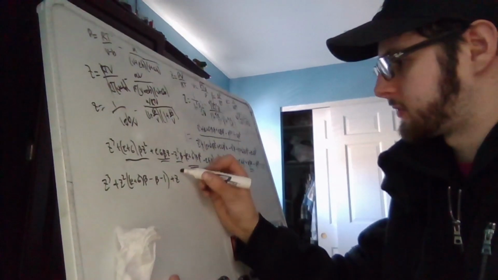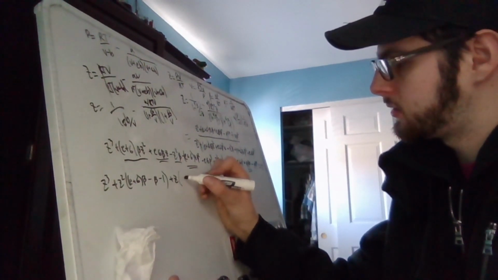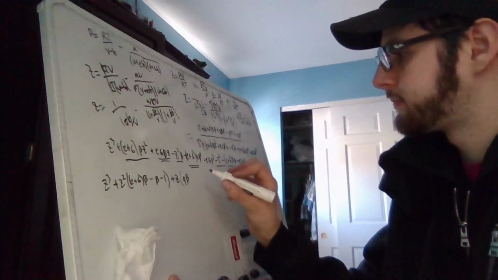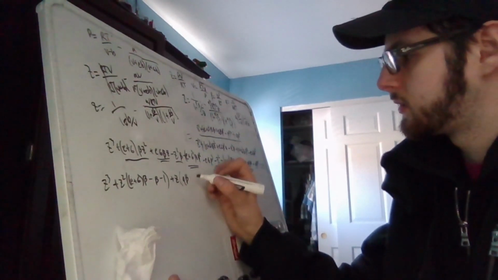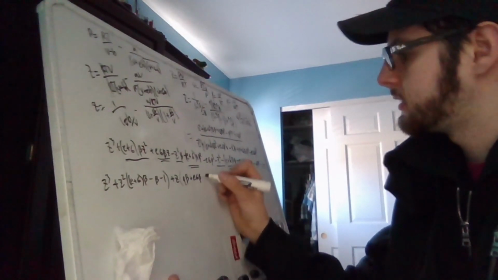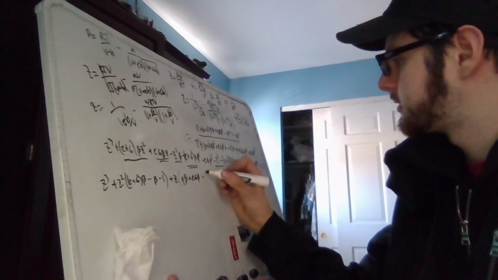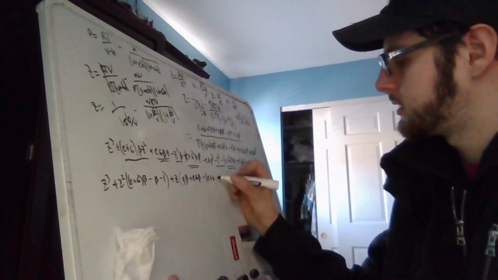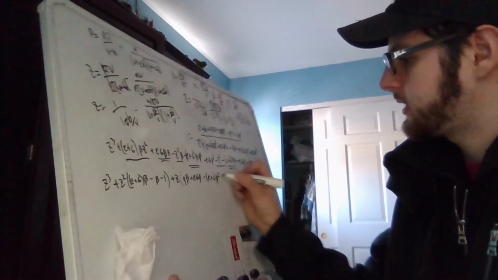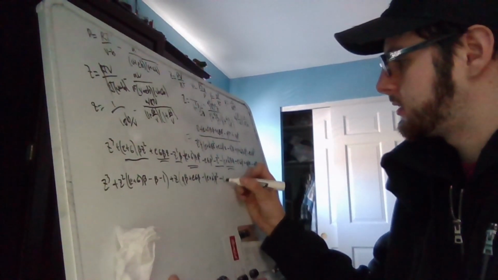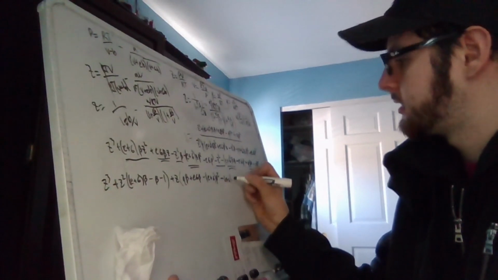let's do the pluses first. Q beta plus epsilon sigma beta minus epsilon plus sigma beta squared minus epsilon plus sigma beta.